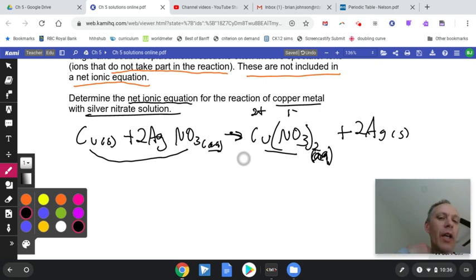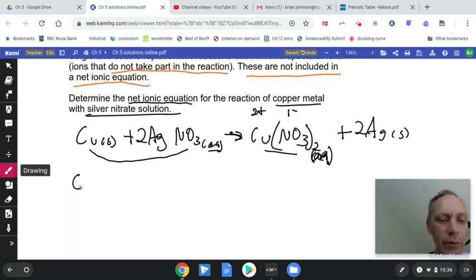Okay, now, are there any spectator ions in here? Anything that's not actually reacting? Here's how you figure it out. For a net ionic equation, you rewrite it underneath. Anything that is aqueous or highly soluble breaks apart. It dissociates into its ions.